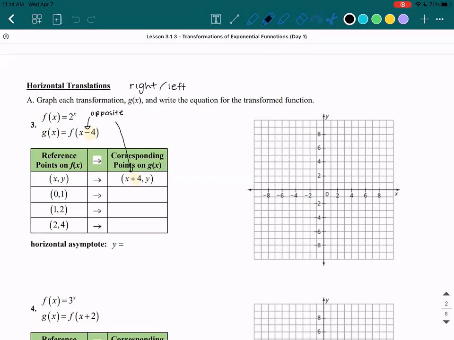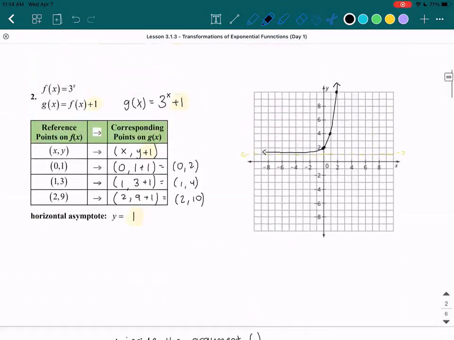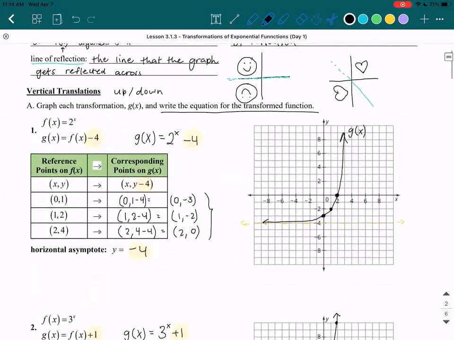I'm going to write that down actually. Which is inside the parentheses. And it moves your graph left or right. And then if you have a vertical translation, this happens outside the argument, which means outside the parentheses. And that moves it up and down.